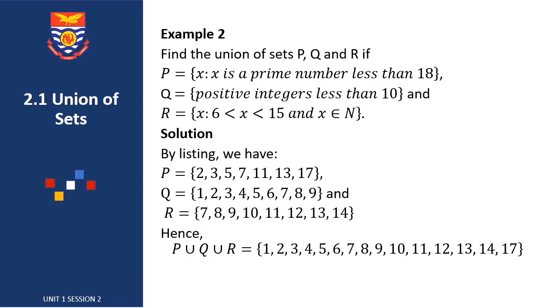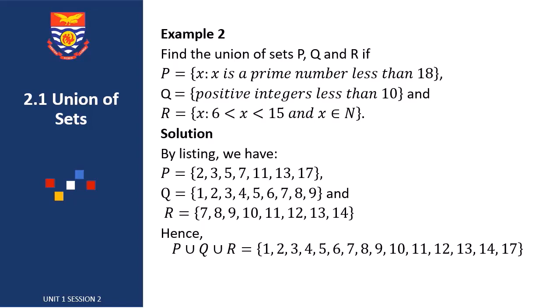To find a solution, we need to first list the members of each of the sets given. And so members of set P are 2, 3, 5, 7, 11, 13, and 17.